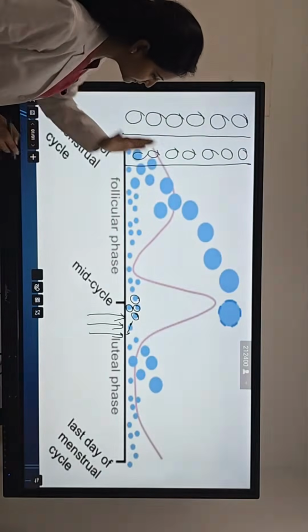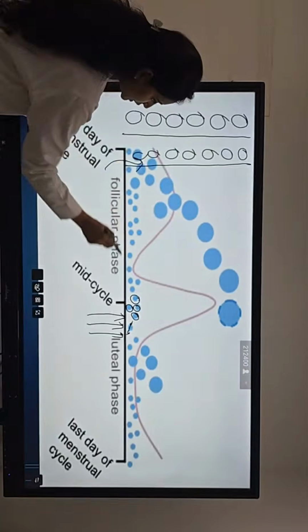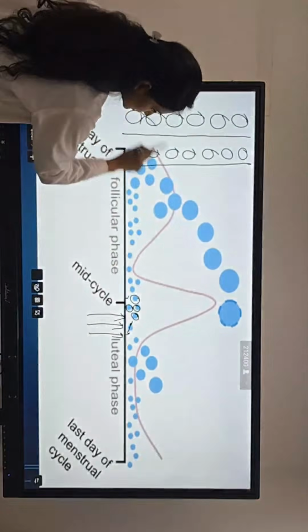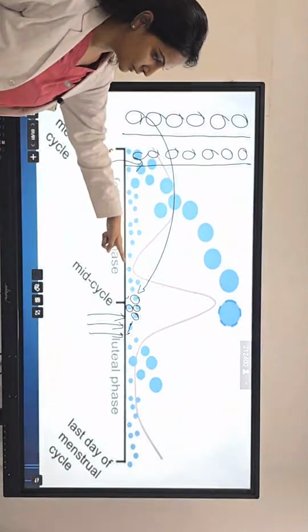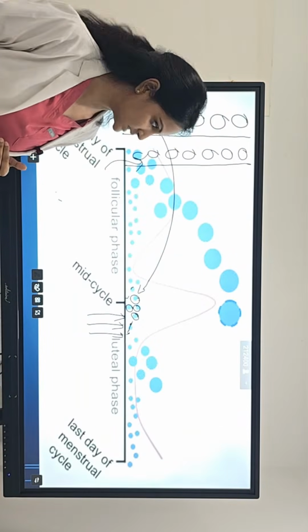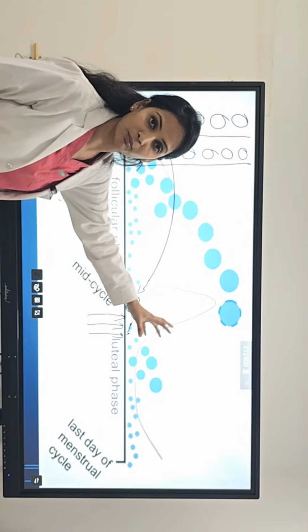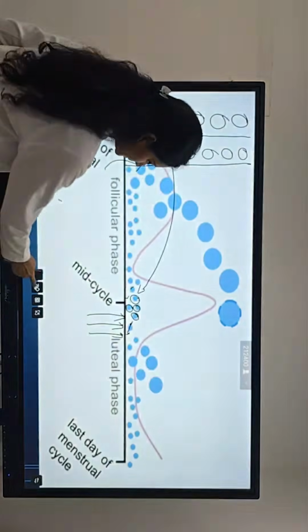First, these follicles are stimulated, then these follicles come here. If we do not stimulate these follicles here, they will go into atresia. So we can stimulate these follicles here and get a greater number of oocytes.